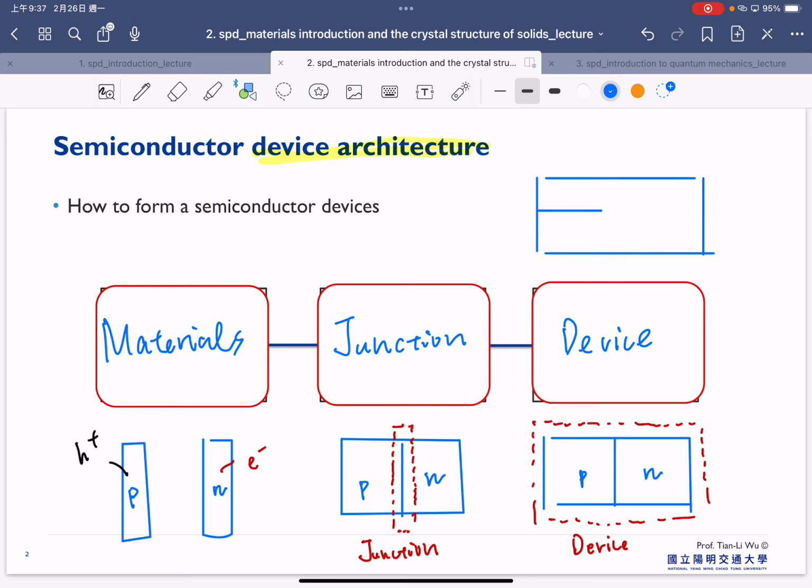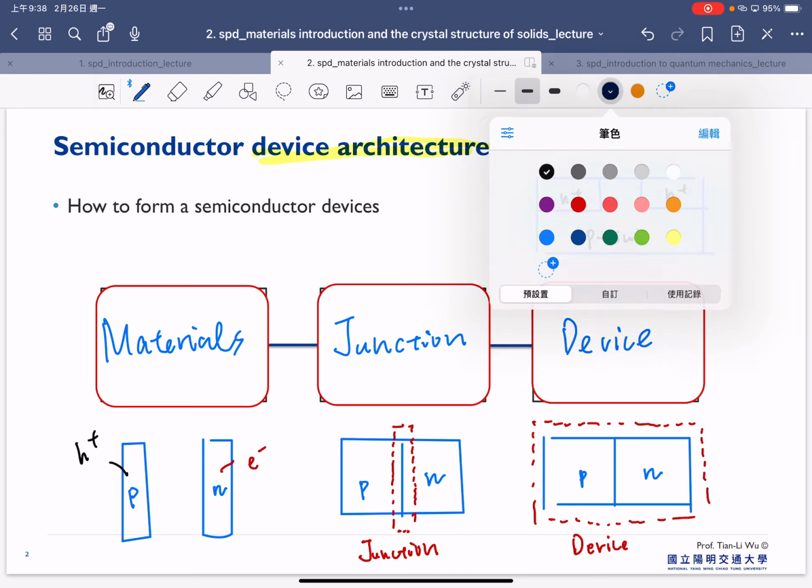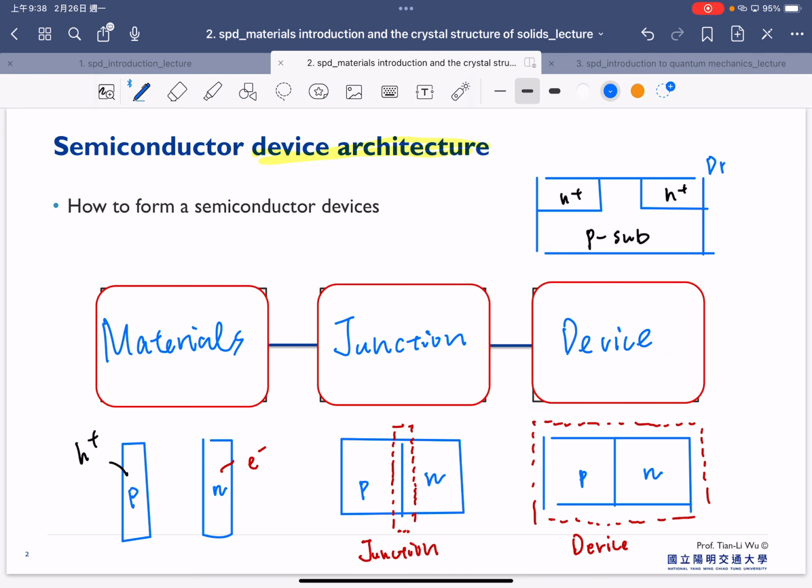As I already illustrated in the last class, the MOSFET is a structure where we have the P-type substrate, and we have the N plus in the drain side and source side. And also, we have the dielectric.